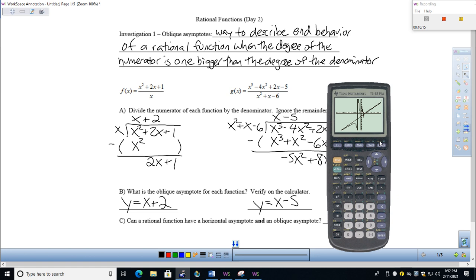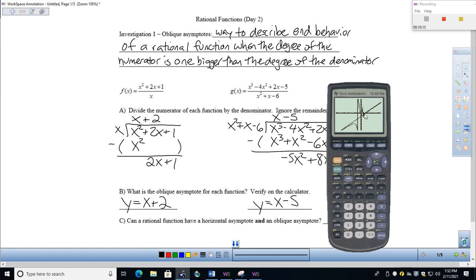So one thing to note about oblique asymptotes, like horizontal asymptotes, the graph theoretically can cross an oblique asymptote. In fact, I think it probably does in here. We would have to zoom in a little bit. But the idea is even if it crosses the oblique at some point, remember, because obliques are like horizontals, they talk about the end behavior.